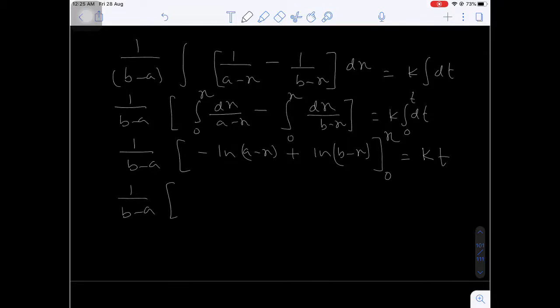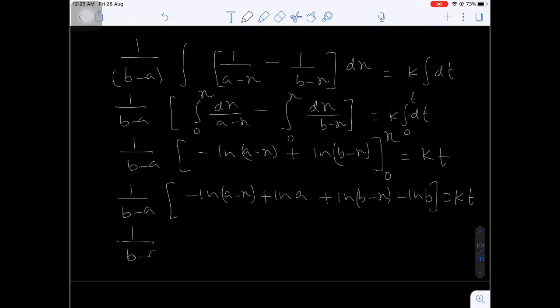If you bring the x value, minus ln a minus x, minus of, if you bring the 0 value, you will get what? Minus of minus, you will get plus, so ln a plus again ln b minus x, upper limit value x, and in the lower limit if you put the 0, so minus ln b will be equal to k times of the t.